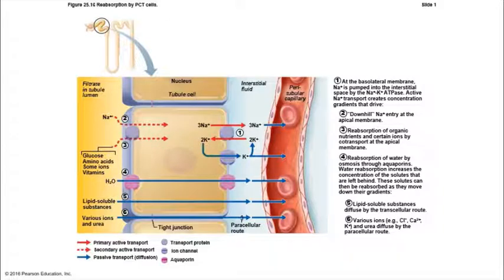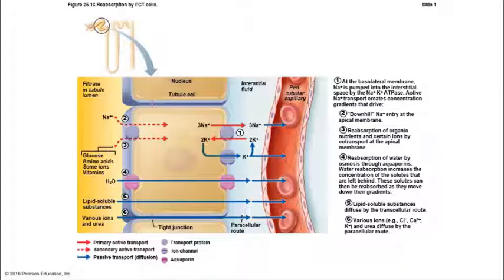Remember, that was co-transport. That's number 3. Remember, things like water will also want to follow the sodium via osmosis, but they're going to need aquaporins to help them do it. They're going to need some facilitated type of osmosis. Remember, that's number 4. It's basically a type of protein transport because you're using a protein, the aquaporins. Remember, wherever water moves, fats and things dissolved in fats will kind of follow along.